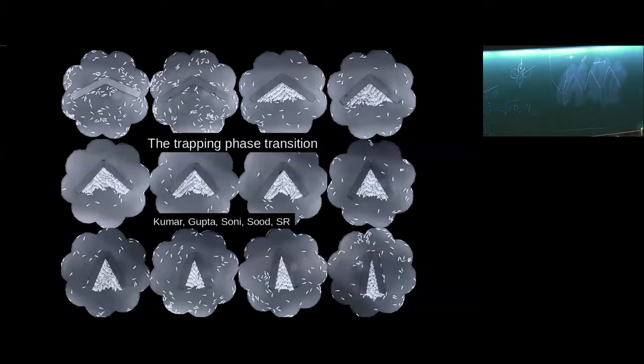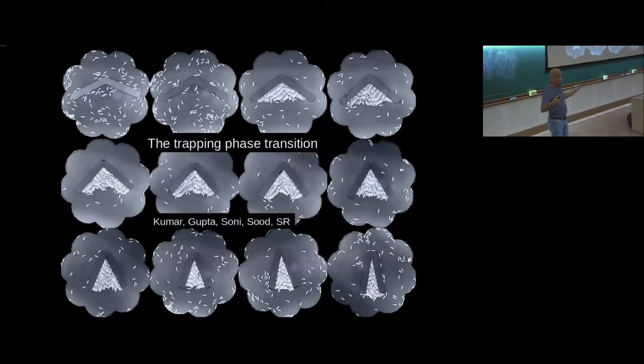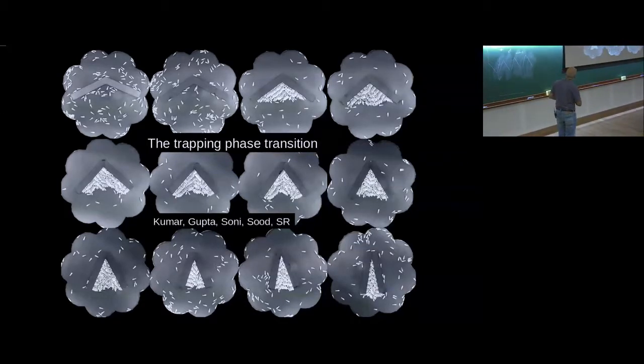And so the competition is between the tendency of particles to go in the manner in which they're directed and the tendency of particles to cash in on something like a positional entropy and explore space more fully. And what ends up happening is that if the angle is small enough and if the ambient concentration of particles is large enough, you end up getting this condensation here, you end up getting an accumulation here.